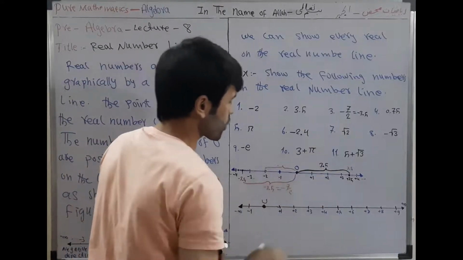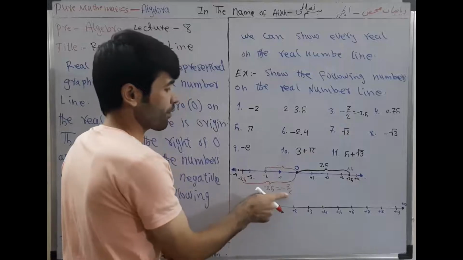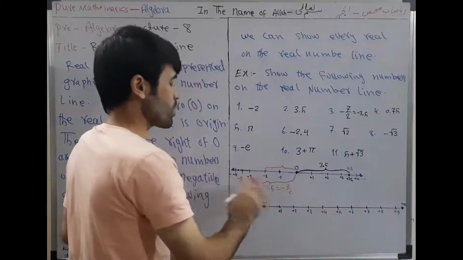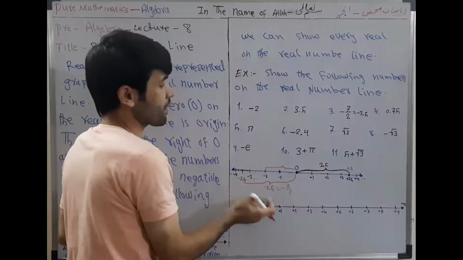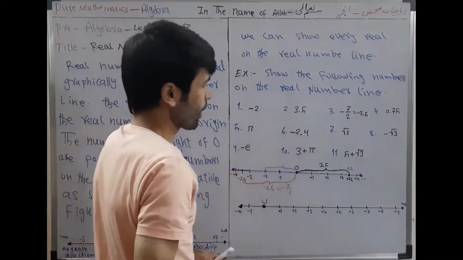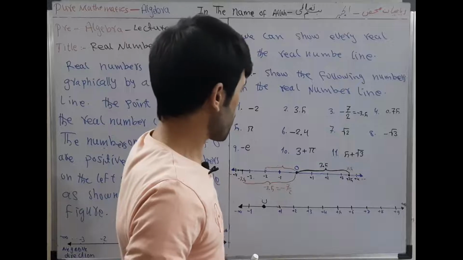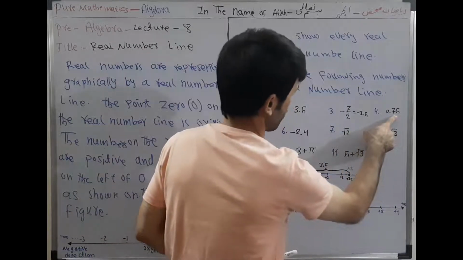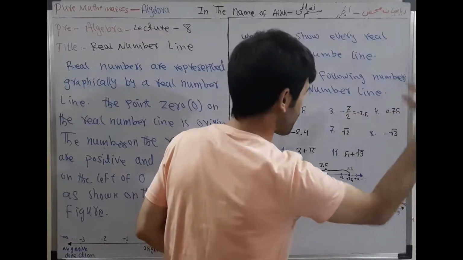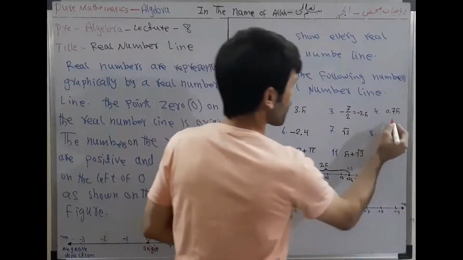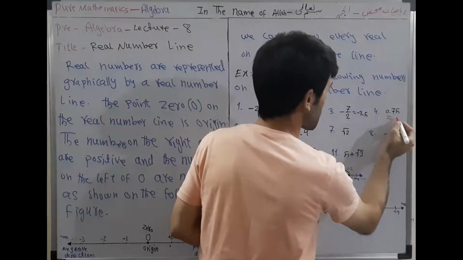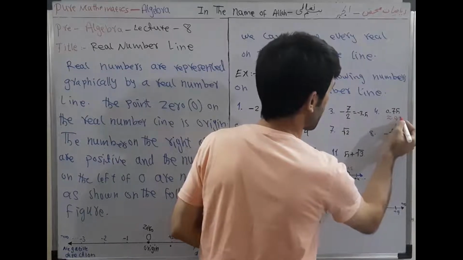First we change it to a decimal number, whether fraction or square root, everything. We change it to a decimal number, then we can show it on the real number line. Here we have 0.75. If we round off this number, it is approximately equal to 0.8.